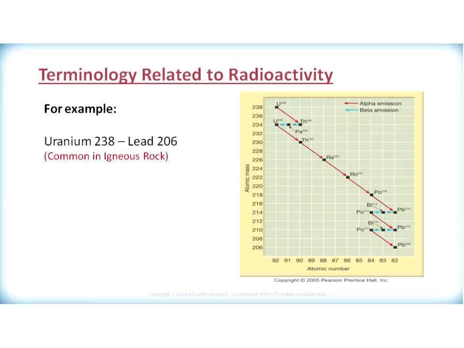One dating method that is used commonly when looking at igneous rocks is uranium-238 decaying to form the isotope lead-206. This is a very common isotope used to date igneous rocks.